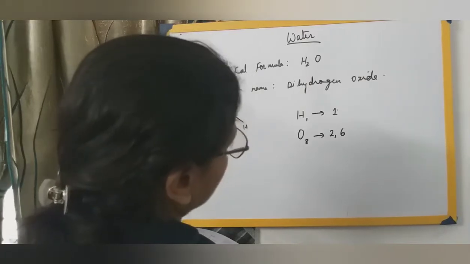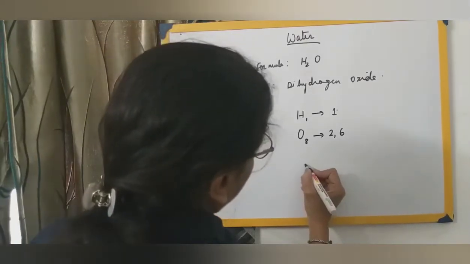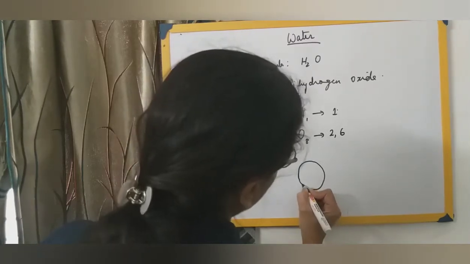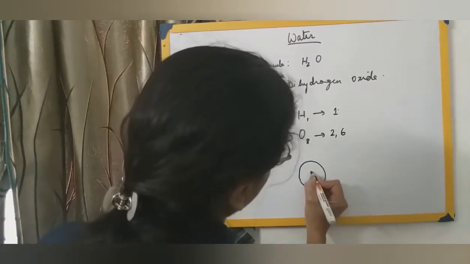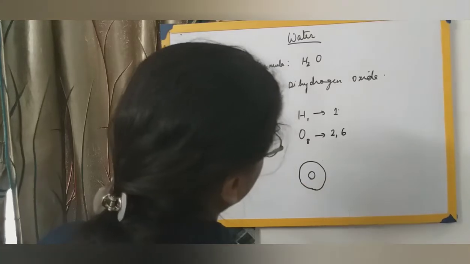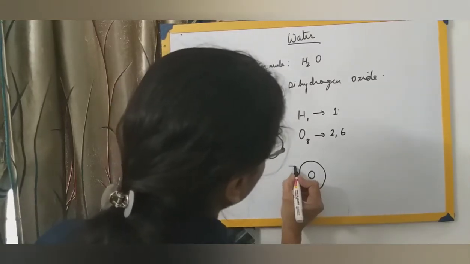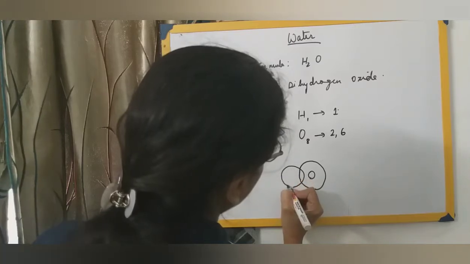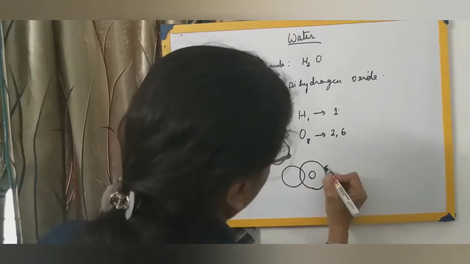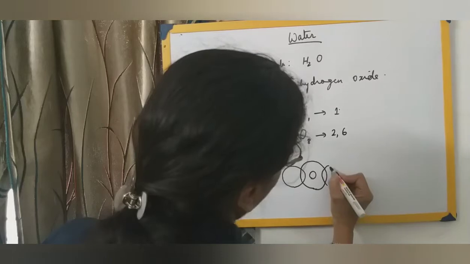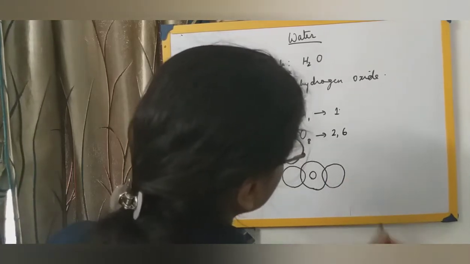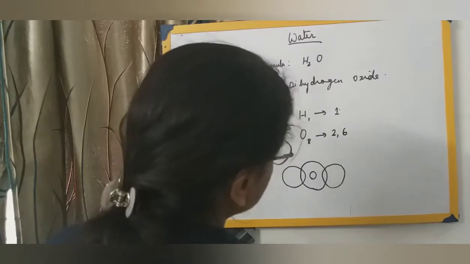Now we'll see the structure of water. In the center we have oxygen, and 2 hydrogen on the 2 sides. Now oxygen and hydrogen are sharing electrons.